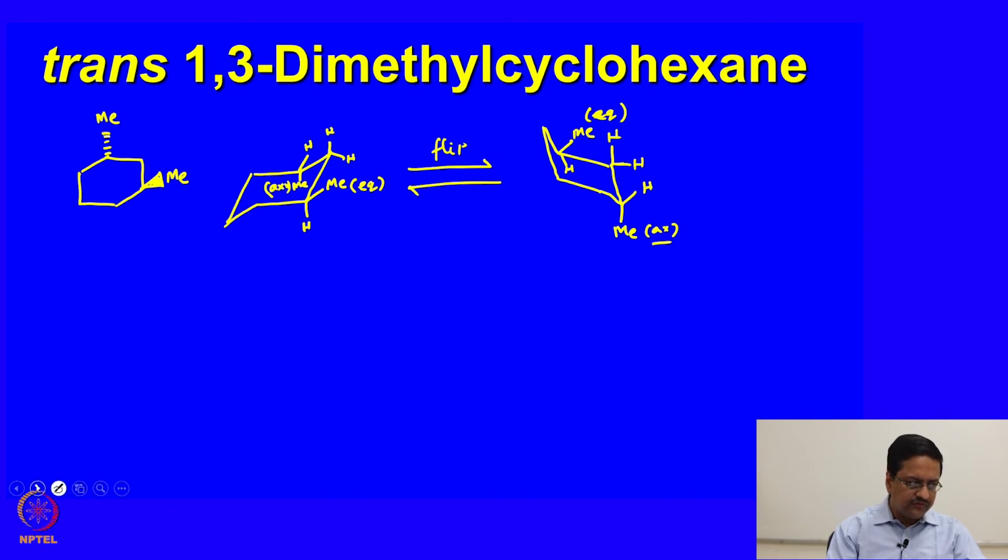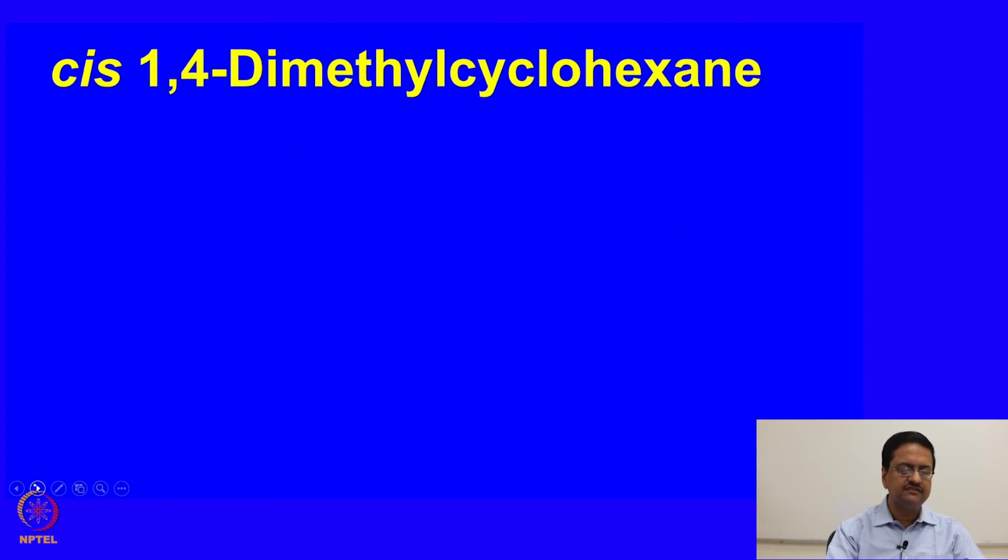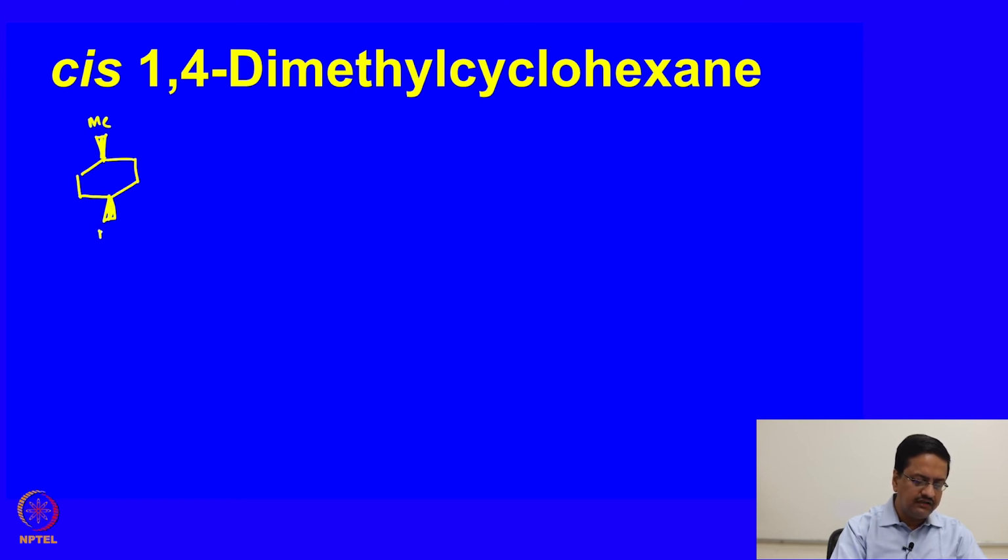So now we will move to the next molecule, which is 1,4-disubstituted cyclohexane, that is cis 1,4-dimethyl cyclohexane. When we draw that cis, two methyl groups are up and two hydrogens are down on 1,4 position.